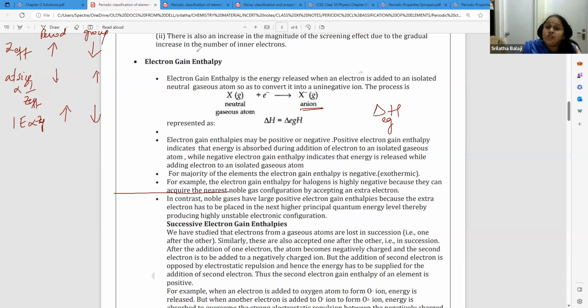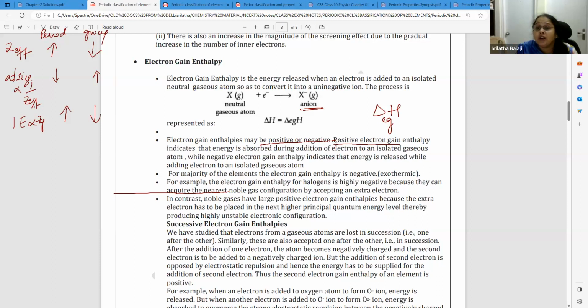So addition of an electron to a neutral atom can be positive or negative. It means energy can be lost or energy can be gained. It can be endothermic or exothermic, both. Is that clear? So in which case is it endothermic? When it's endothermic, the values will be positive.